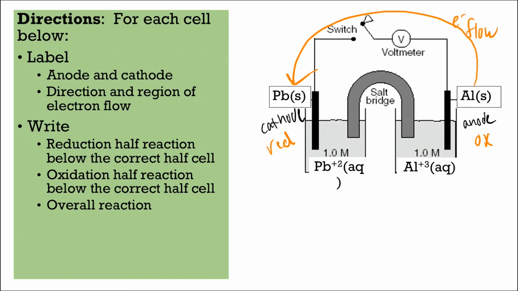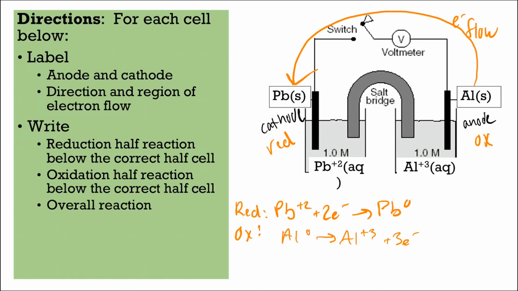And so now writing these half reactions is something that we've done a bunch of times now. So reduction looks like Pb2+ plus 2 electrons to give you Pb0. Oxidation looks like Al0 gives you Al3+ and 3 electrons.